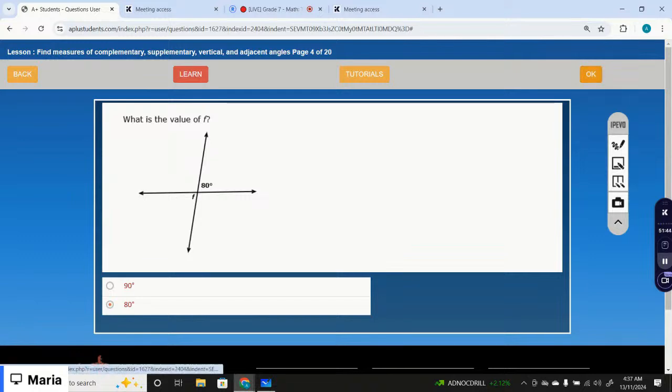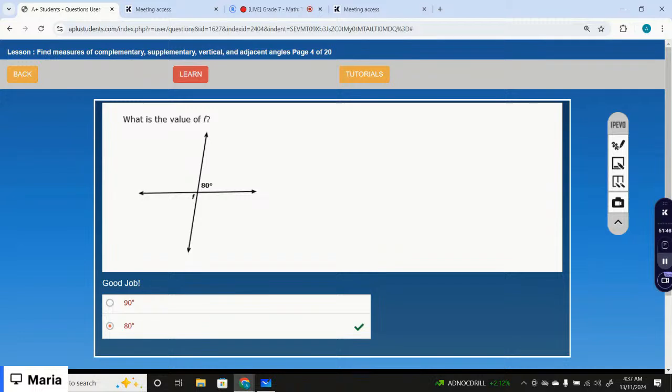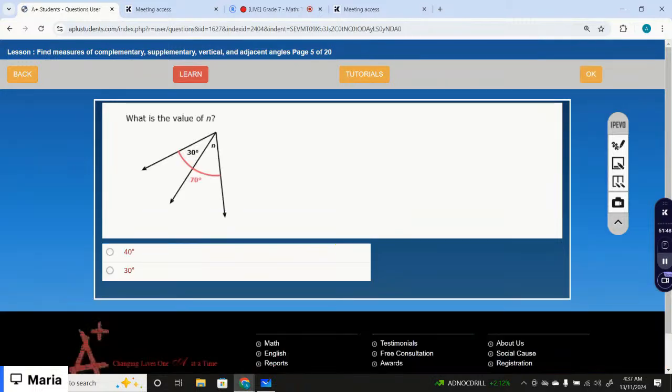Angle f is 80 degrees. What is the value of n, which is the correct option?